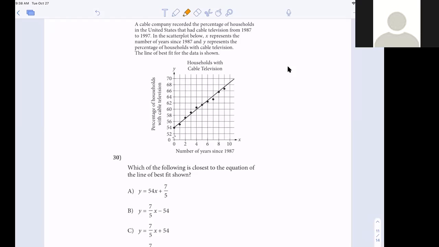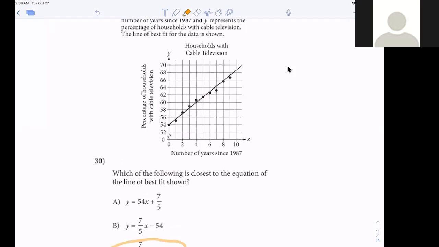So what's the answer? C. Oh, C. Because it's not negative. Because it's the only one that has a y-intercept of what? 54. All right. But now we're going to practice just to make sure because I don't want to make a mistake. I think the answer is C, but I can be deceived.